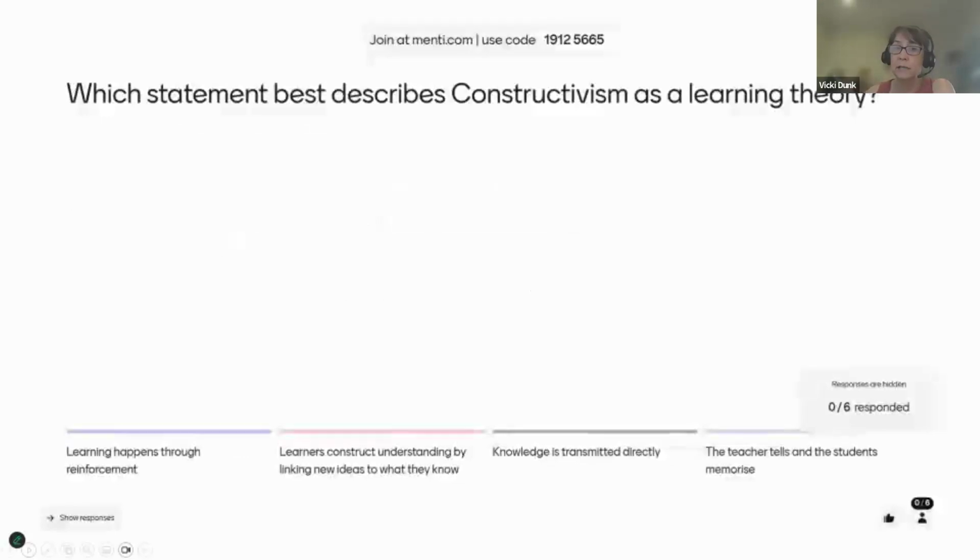Okay, which statement best describes constructivism as a learning theory?